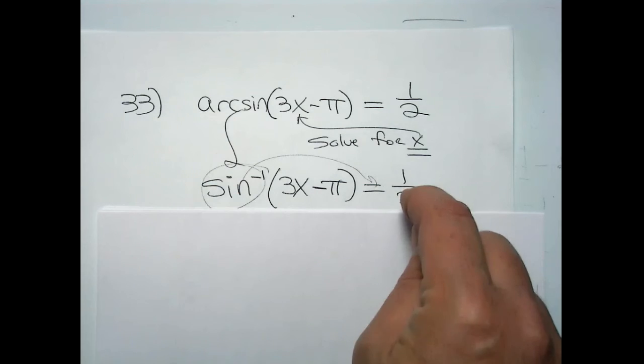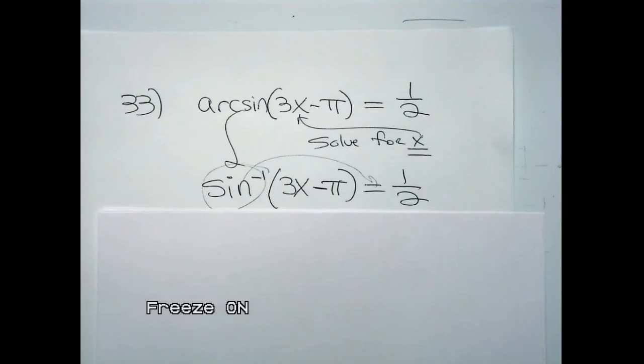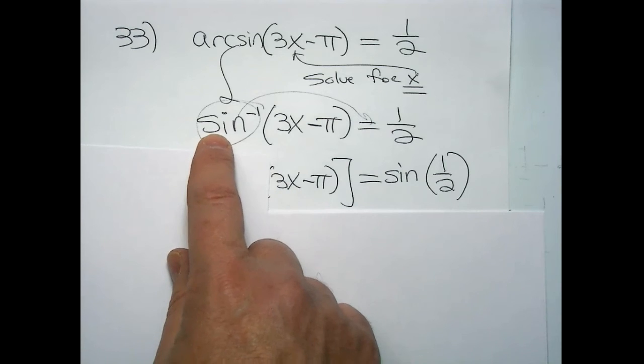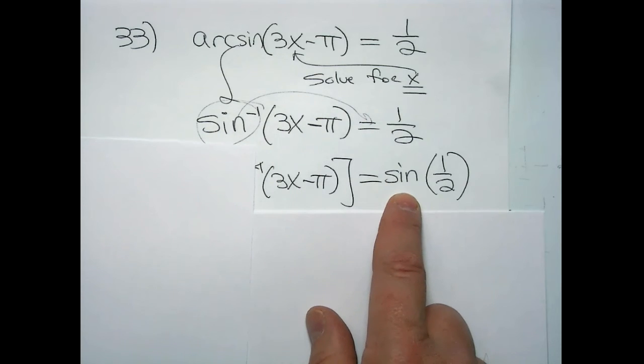Bring the sine to the other side, please, and that becomes a regular sine. And we're certainly much happier about that. So if you bring the inverse sine to the other side, it actually becomes a sine, just like that.